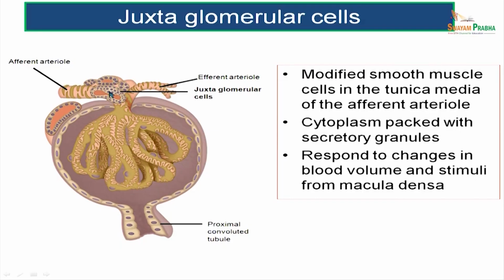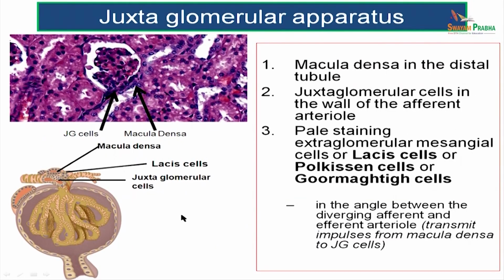These two are in close association. So, what is the juxtaglomerular apparatus? As you can see from this picture, it has three components. One is the macula densa in the distal tubule, two is the juxtaglomerular cells in the wall of the afferent arteriole, which are the modified smooth muscle cells.